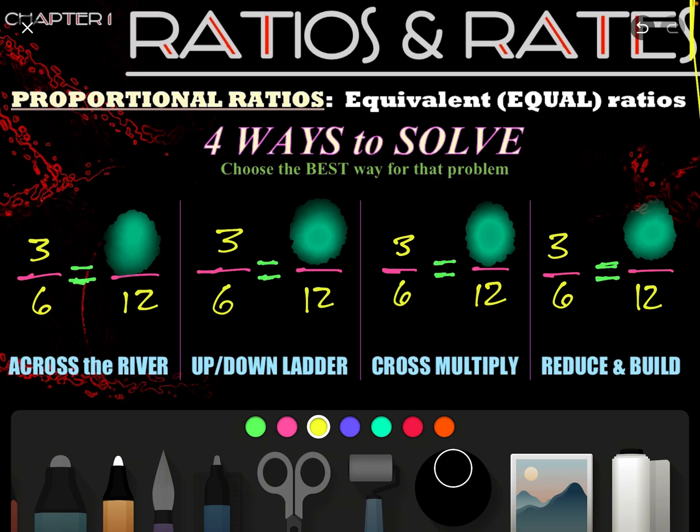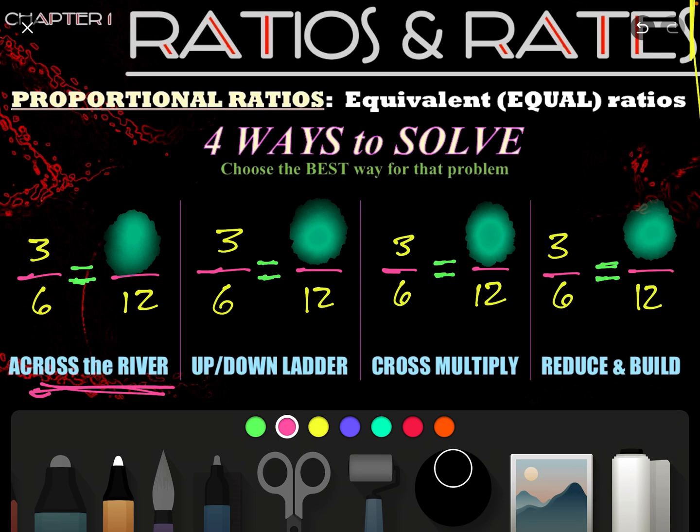So again, when you're talking about a proportional ratio, this to that is equal to so much of this to that, right? So the values are going to be equivalent. Now you can look at it as fractions, however you want, but in order to find that missing value, there are a few strategies to use. These are the ones that I like to talk about. You can go across the river.